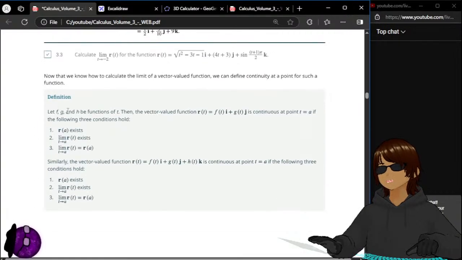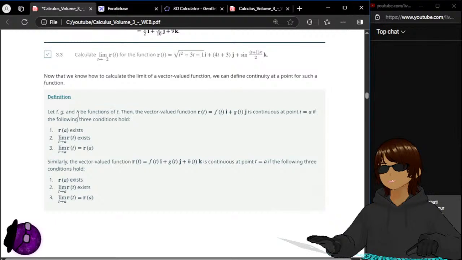Let f, g, and h be functions of t. Then the vector valued function r(t) = f(t)i + g(t)j is continuous at the point t = a if the following three conditions hold. So r(a) exists, the limit of r(t) as t approaches a exists, and the limit of r(t) as t approaches a is equal to r(a).